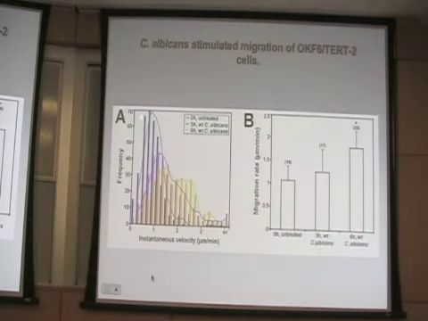Next, we created a graph where we plotted these instantaneous velocities and compared untreated cultures versus cultures that were treated with C. albicans for 3 and 6 hours.